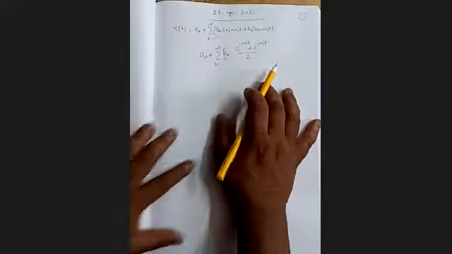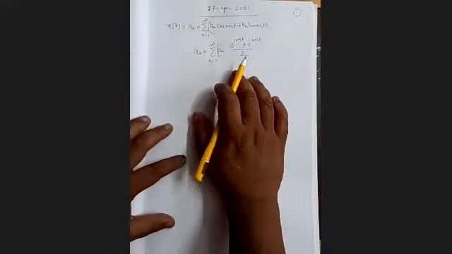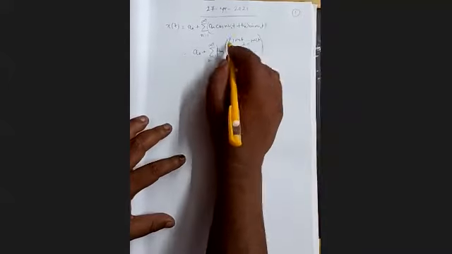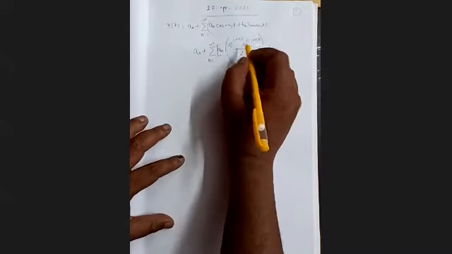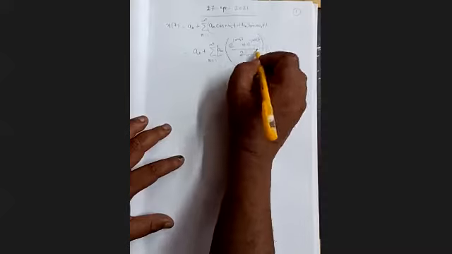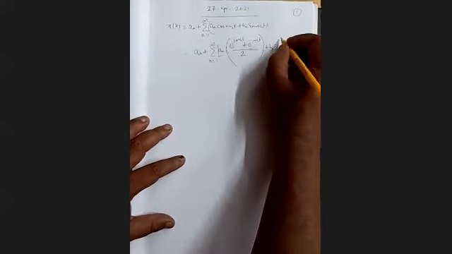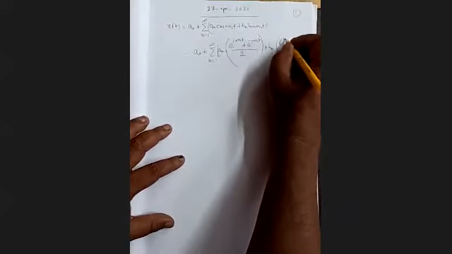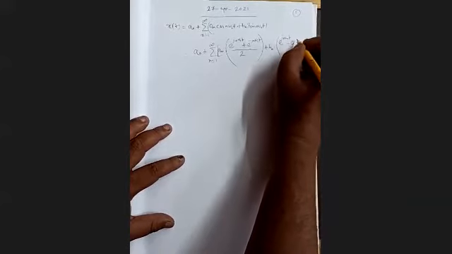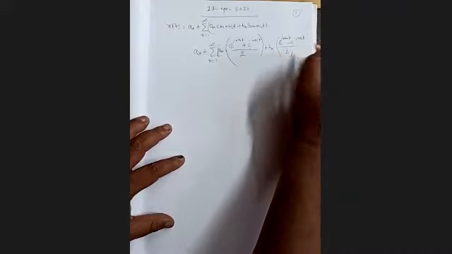So this is cos theta means e to the power j theta plus e to the power minus j theta by 2, and sin theta means e to the power j theta minus e to the power minus j theta by 2j.